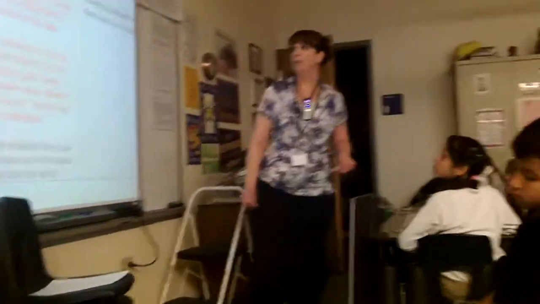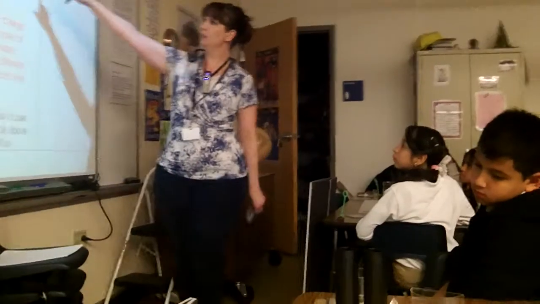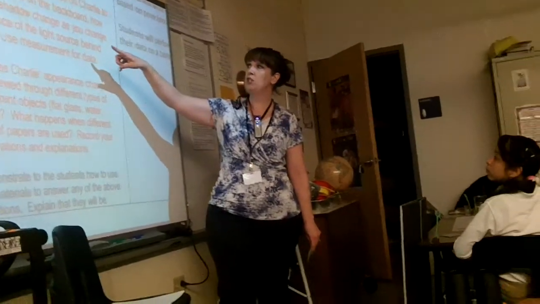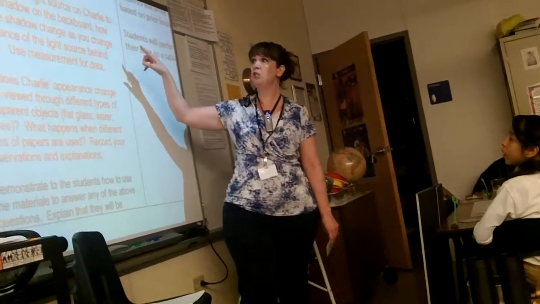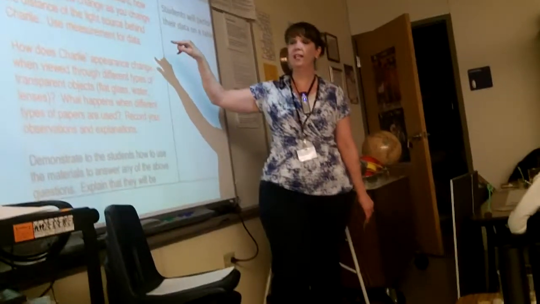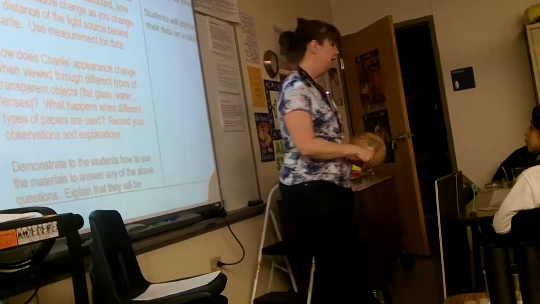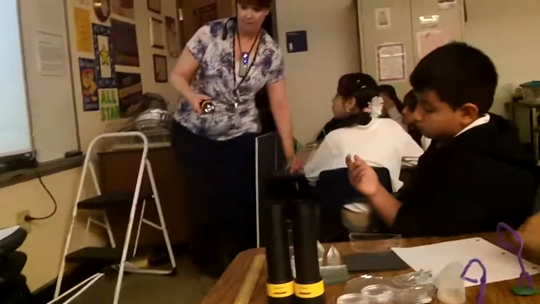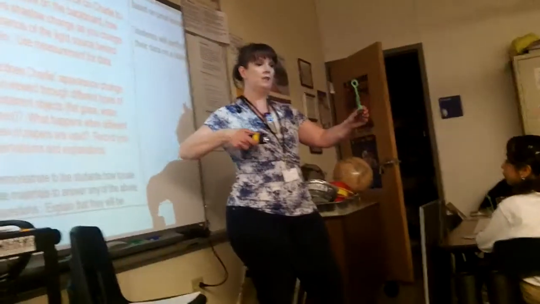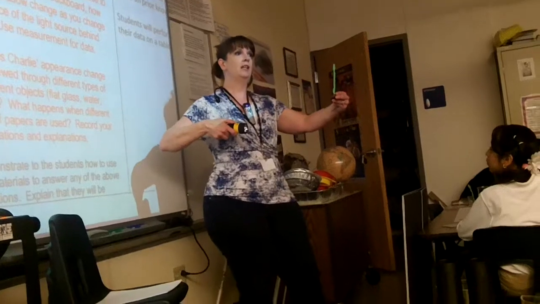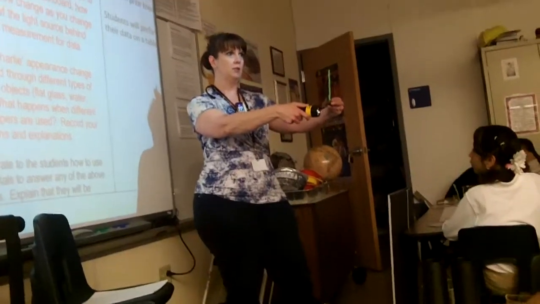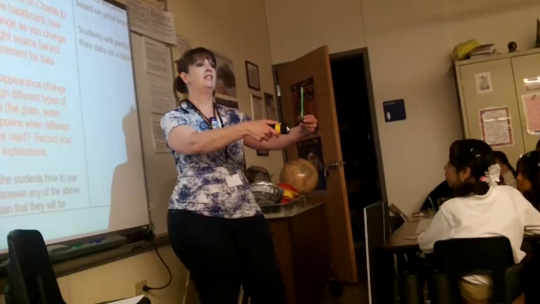How does the shadow change as you change the distance of the light source behind Charlie? So, for example, if you're shining a light at Charlie and you're this far away, is the shadow going to look different than if you have it this close? Or this close? Well, that's one thing you might want to investigate.